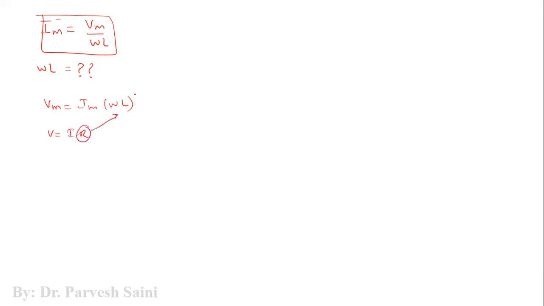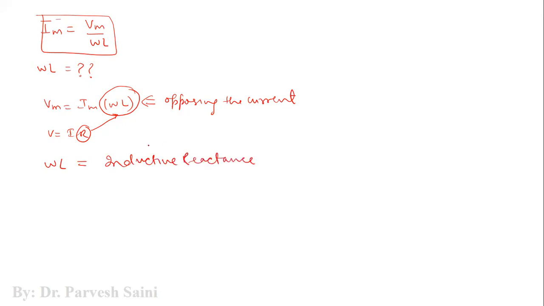So that means this particular factor is also something which is opposing the current. So this we call inductive reactance. We cannot call it a resistance because resistance is the real parameter. This is something imaginary.